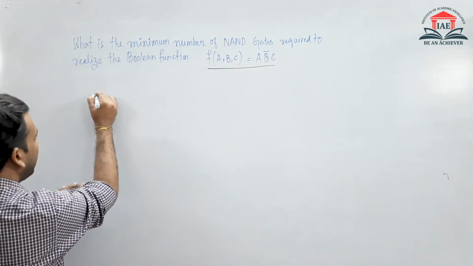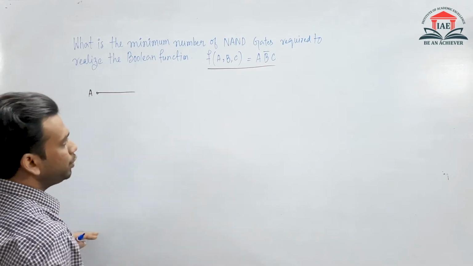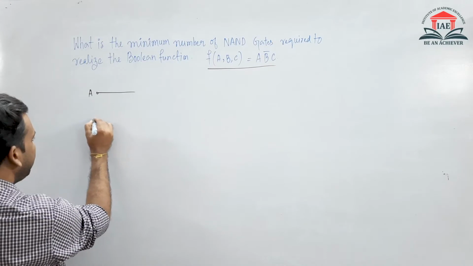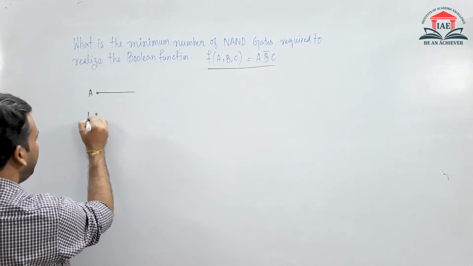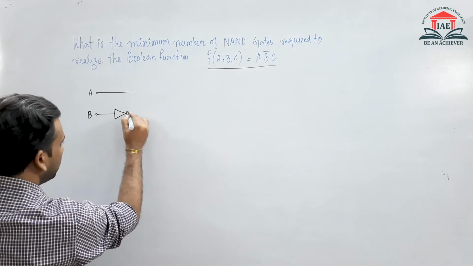So we will take our input A, and we have to find the B bar. So if there is the input B, we have to convert it into B bar.